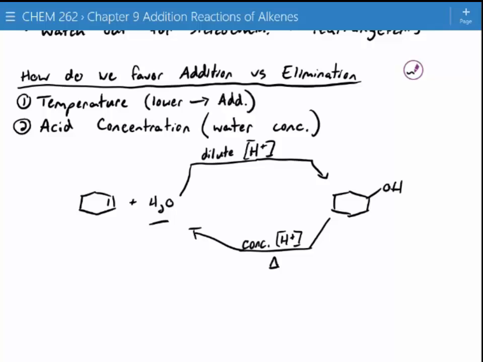So if we're trying to do the addition reaction, we normally want dilute acid, which means we want a fair amount of water around. That favors formation of the alcohol over the alkene. And that is Le Chatelier's principle.